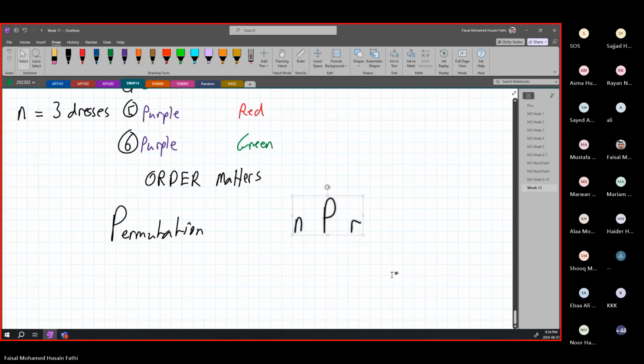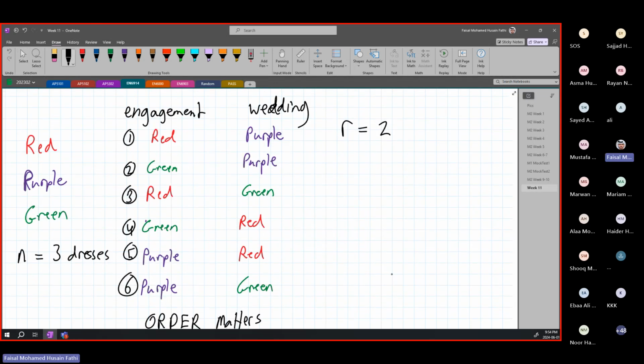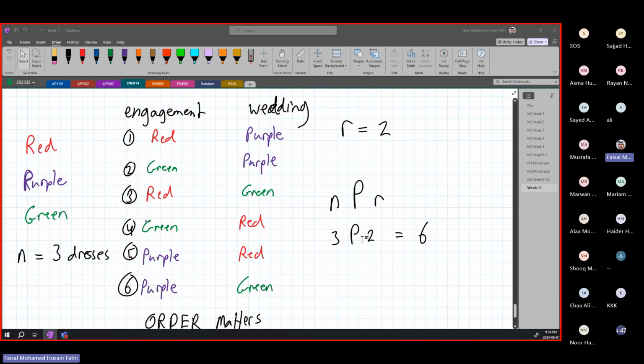NPR is going to do this exact same thing with you only having your N and your R. From the very beginning, you know you have 3 dresses, and you know you have 2 days you're going to be wearing a dress. So you're just going to put N, P, R, and in this case it's 3 P 2, which is equal to 6. And it's going to give you the number of choices that you have. Okay? This is what is meant by permutation.